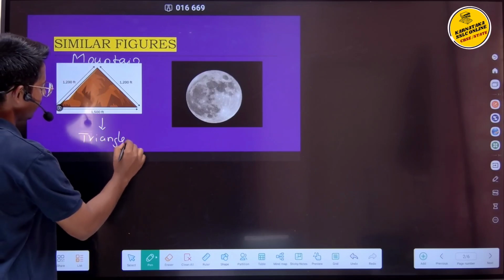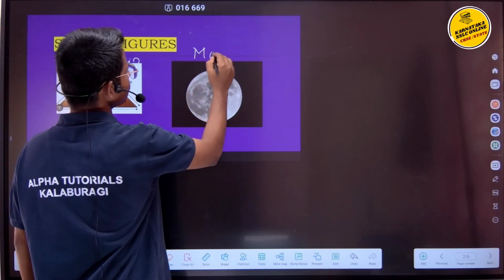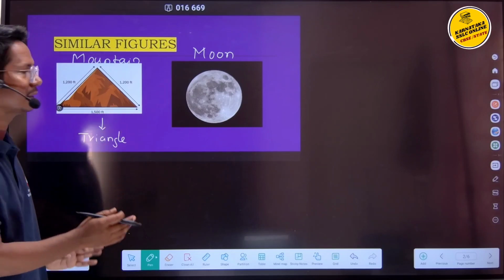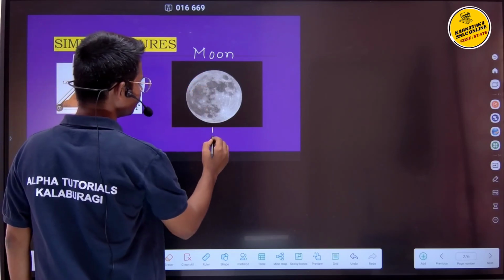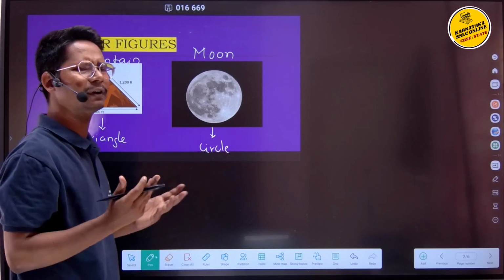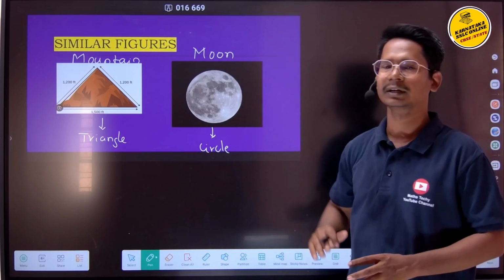Now if you see the moon, you can compare the shape of the moon to a circle. So we compare different objects with other figures.